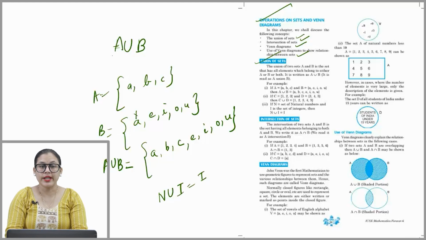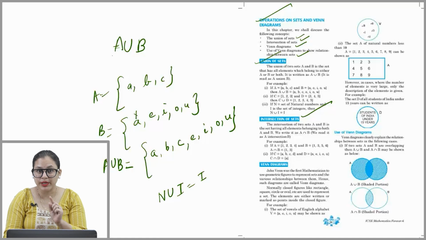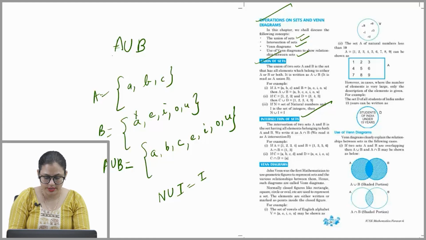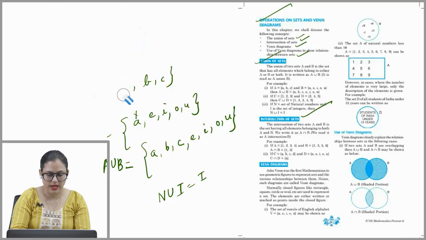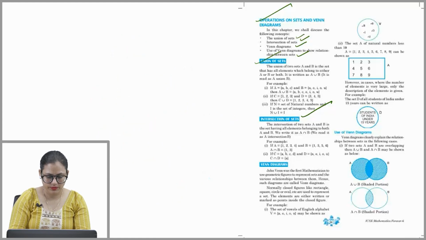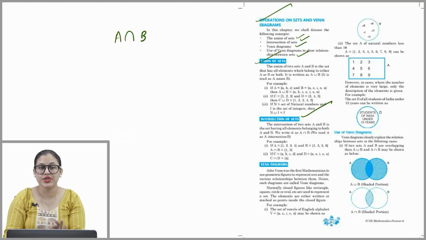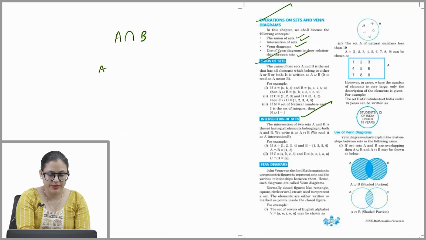Now, intersection of sets. The intersection of two sets A and B is the set having all elements belonging to both A and B. We write it as A intersection B. For example, A is given here 1, 2, 3 and 4, and B is 1, 3, 5 and 6.